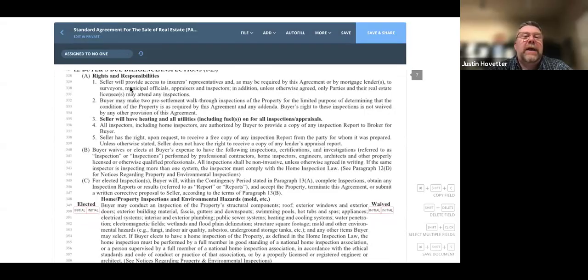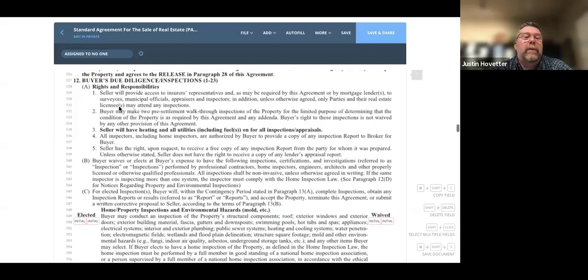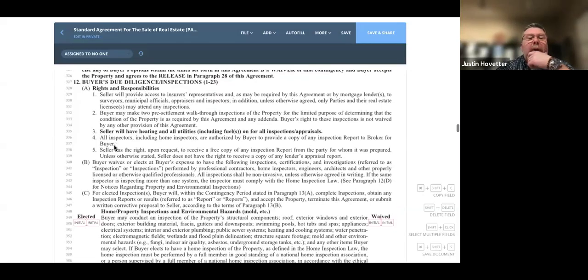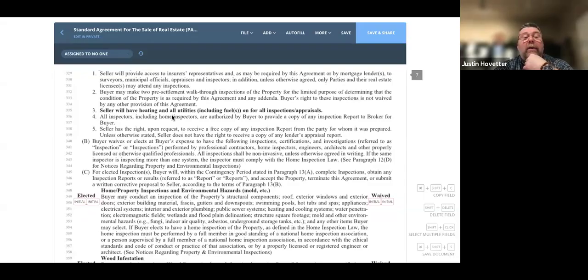Oh, right here. Seller will provide access to insurer's representative and as may be required by this agreement or by mortgage lenders to surveyors, municipal officials, appraisers, and inspectors. In addition, the seller will provide access to all those people.